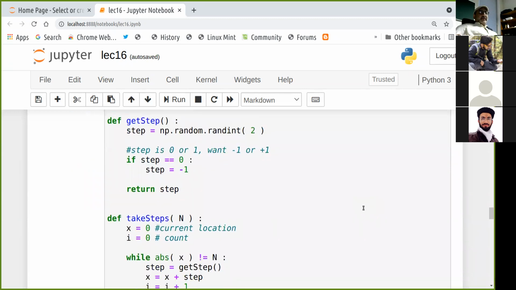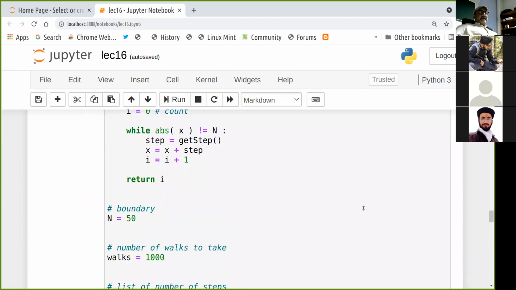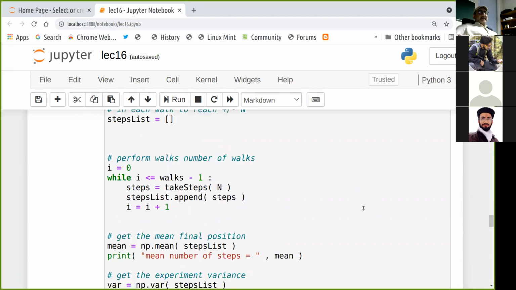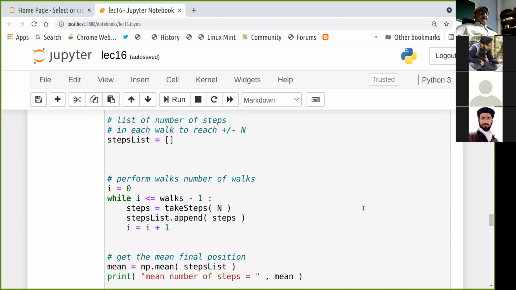Get steps is as before, take steps is as before. We have a list, and we're going to perform each walk until we hit either plus 50 or minus 50.